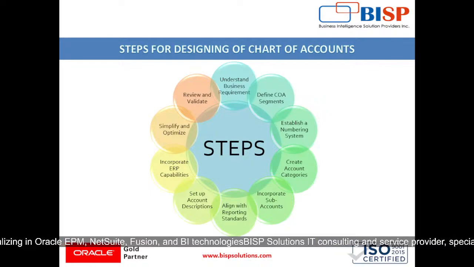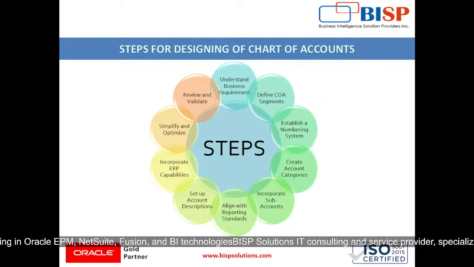Then we will be setting up account descriptions, which means providing a clear description for each account to avoid ambiguity. For example, account number 4010 is there with the account name domestic sales revenue, so we will be providing a description like revenue from product sales within the domestic market, so that there is clarity on what is done with that particular account.